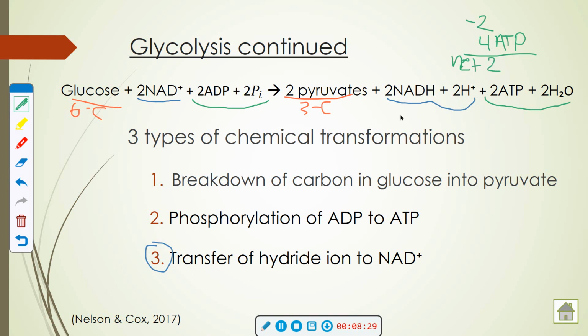So in this formula, even though technically I get 4 ATPs out of this reaction, for it to be balanced, the net that comes out is actually only 2. So again, phosphorylation of ADP to ATP, but don't forget that ATP has to be used in here to make this whole process occur. So, glycolysis, to break it down, breaks down glucose into other forms so that we can use it in our body.